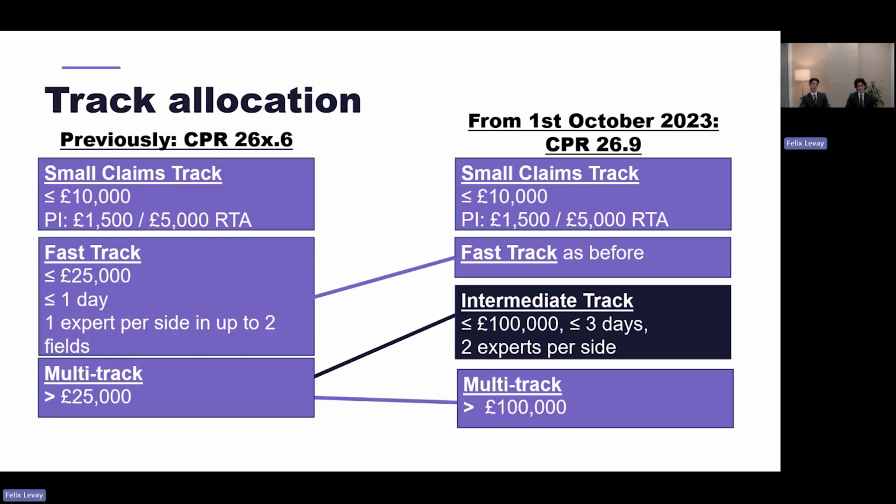So in terms of the intermediate track, it is a very big change because obviously multi-track used to be above £25,000. So I think it's interesting both in terms of being this middle ground between £25,000 and £100,000, but middle ground both in terms of value and also in terms of complexity, because you get 2 experts per side as opposed to 1 expert per side in up to 2 fields.